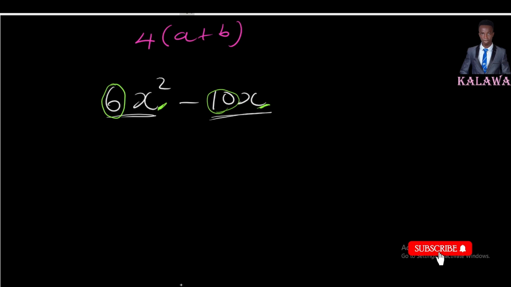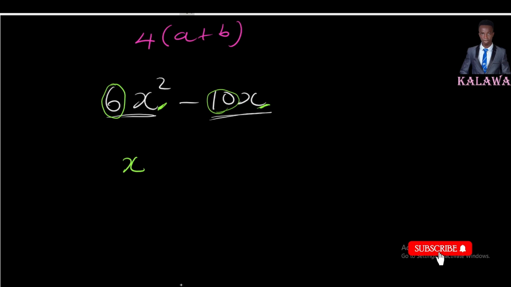First, we have x as the common factor because we have x here. And then what's remaining is 6 and 10 here. But you cannot take one of the numbers; you cannot take 6 as a common factor, and neither 10. You can only take a number that divides 6 without any remainder, and that same number also divides 10 without any remainder.